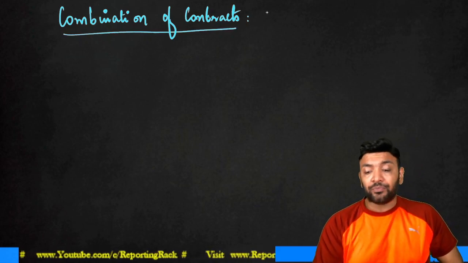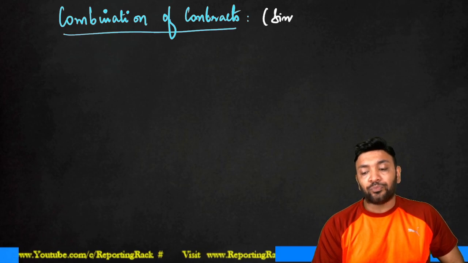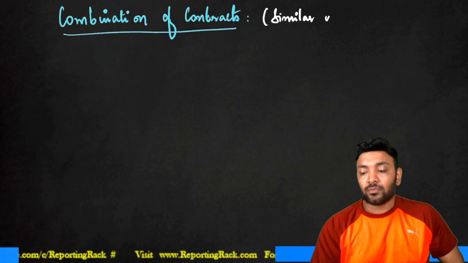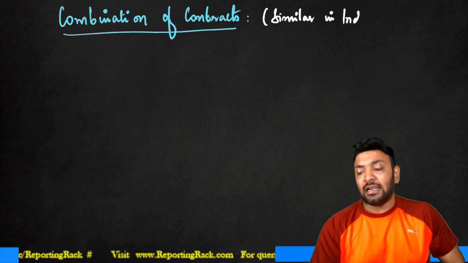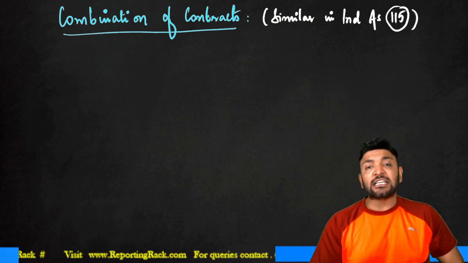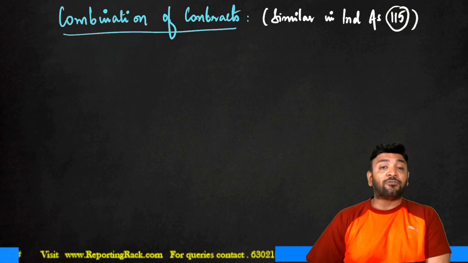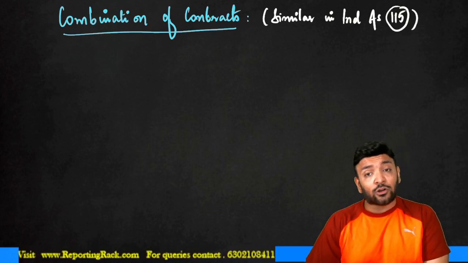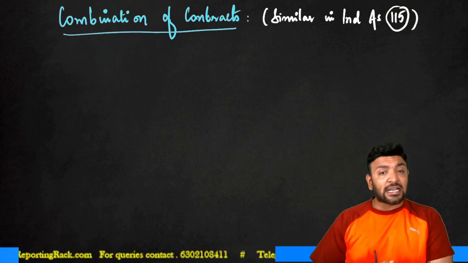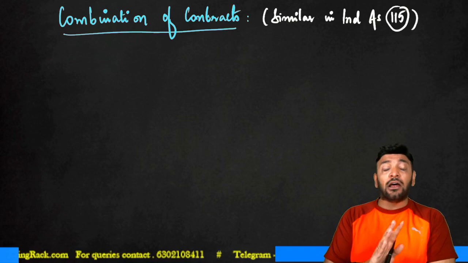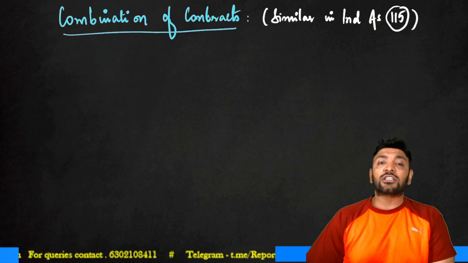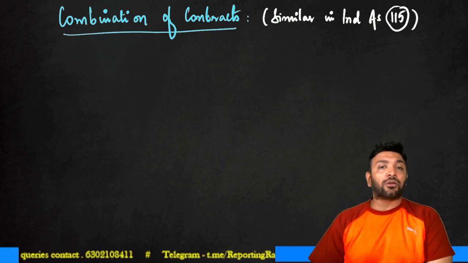This concept, similar one, we will read in IND AS 115. We will see it there as well. Similar conditions will be put up. There is no significant difference. When I talk about IND AS 115, I'll again refer back to IND AS 116 as well. But as of now, I'm telling you that it is very similar to a paragraph we will discuss under IND AS 115. What is this combination of contracts?